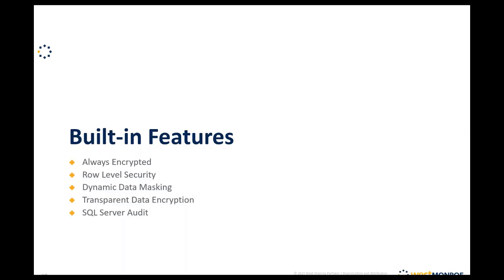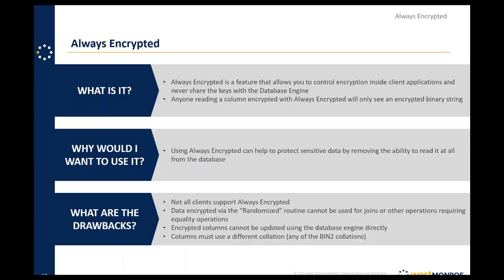And so I'm going to talk about 5. And these are available in, I believe, at least going back to 2016, and I believe before that for some of them as well. So those are Always Encrypted, row-level security, dynamic data masking, transparent data encryption, and SQL Server Audit. And so we're going to start with Always Encrypted.